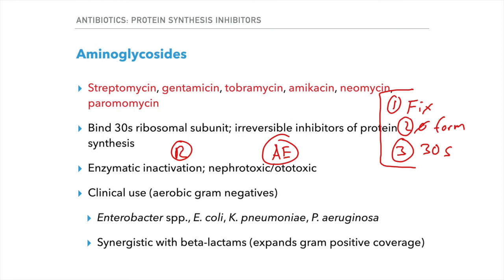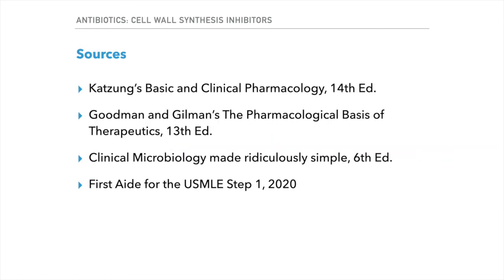Clinically, aminoglycosides are used to treat aerobic gram-negatives, and these include Enterobacter species, E. coli, K. pneumoniae, and P. aeruginosa. The other thing I want to point out is that aminoglycosides are often combined with beta-lactams, and this expands the coverage of the aminoglycoside plus the beta-lactam to include some gram-positives.